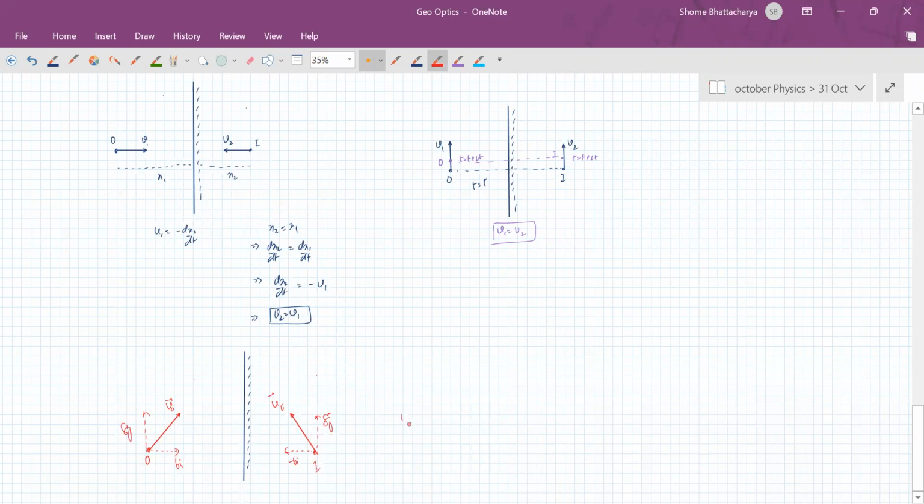So the velocity of the image, the absolute velocity in the ground frame, will become minus 6 i cap plus 8 j cap. So you can see that the velocity of the image relative to the object is going to be minus 12 i cap. So to the object, it will look like the image is coming directly towards it normally, in the perpendicular negative x direction, at double the speed.